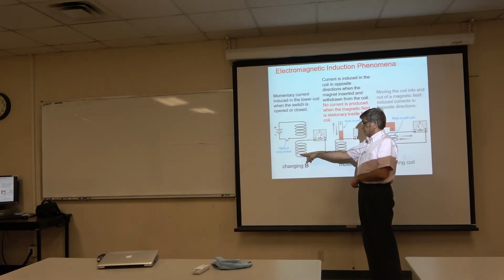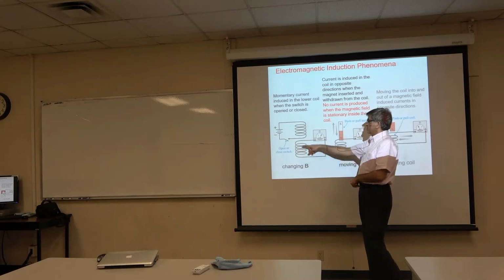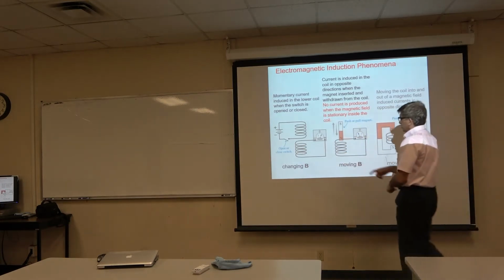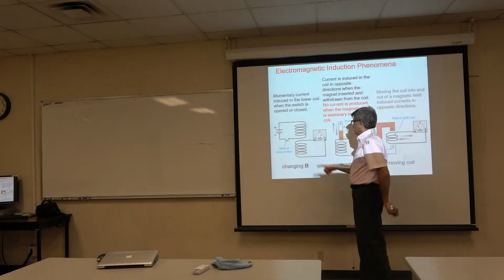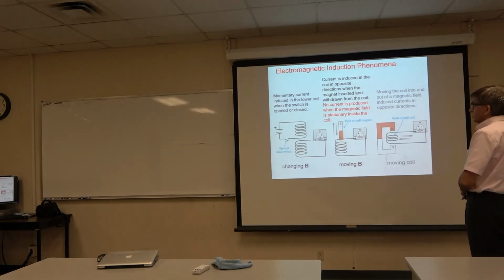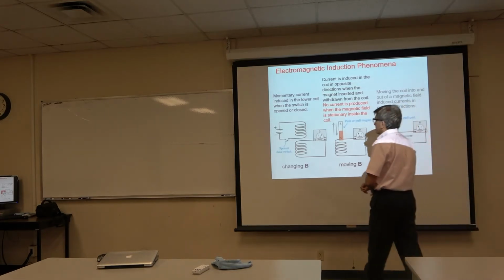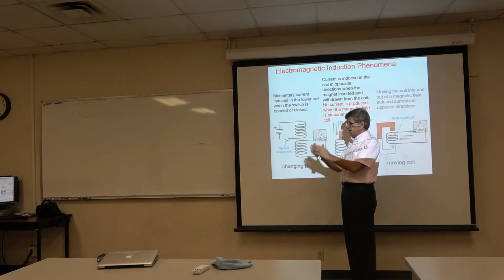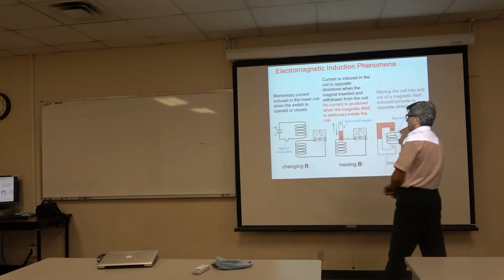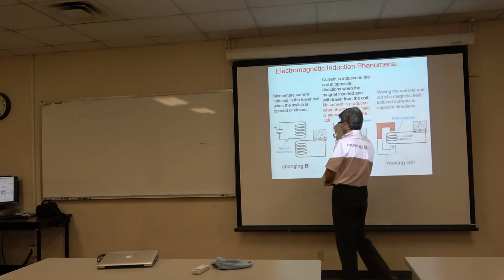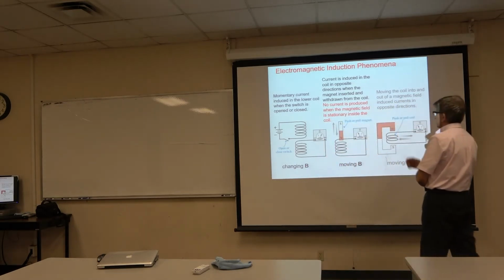So the changing magnetic field will produce a current, and that current can be seen using the galvanometer. Now, this current will be there momentarily. As the current flows through the coil, the magnetic field is generated, and the field will be constant after a while, and there will be no more current. After that, the galvanometer will show you zero readings.